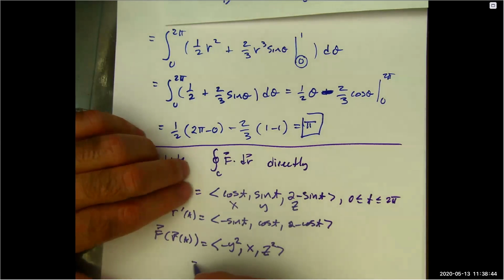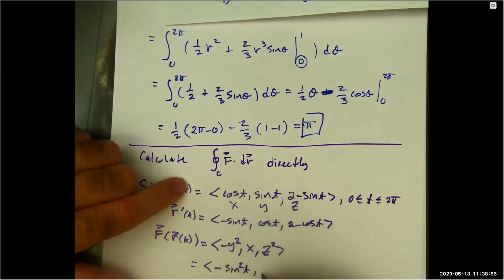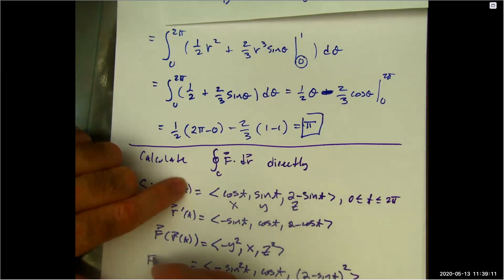So what I'm going to get here is minus sine squared. That's the minus y squared. And then the x is going to be cosine t. And then the z squared is going to be 2 minus sine t squared. And so this is going to be my F of r of t.